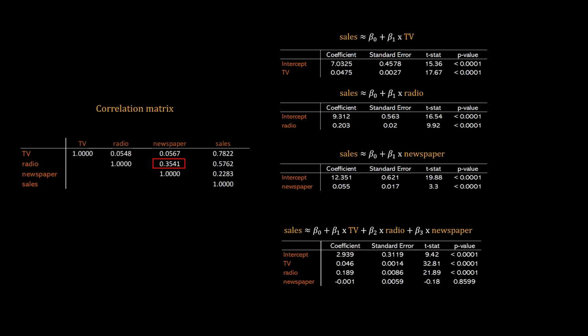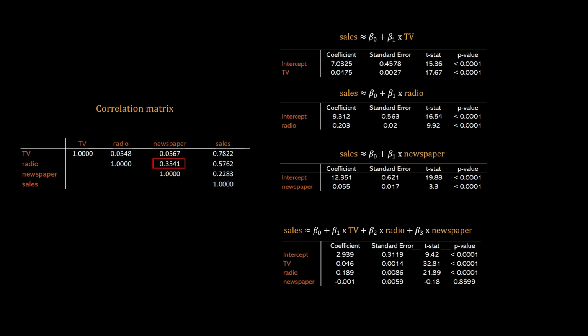But since radio is strongly correlated with sales, newspaper gives the vibe that it's a good predictor for sales. In simple linear regression, newspaper gets the credit for the effect of radio on sales. In other words, newspaper is a surrogate for radio.